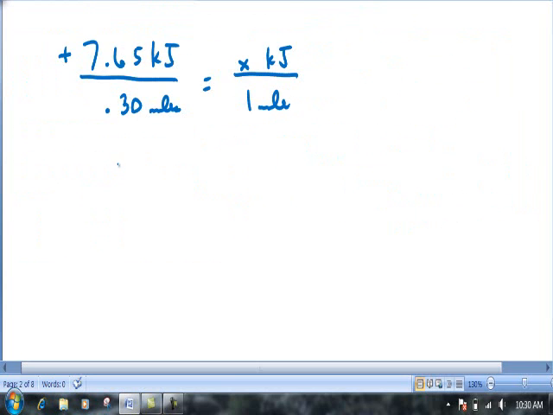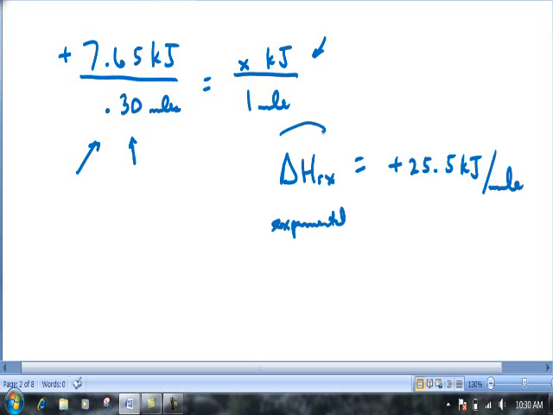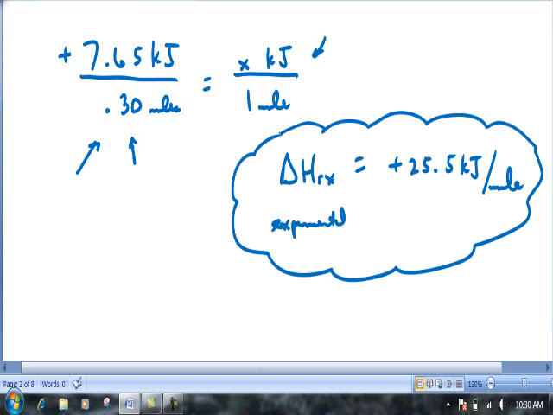We know that we have 7.65 kilojoules that were taken in by 0.30 moles of ammonium nitrate, so we can solve for how many kilojoules would have been taken in for 1 mole dissolving. Solving, we find that our experimental enthalpy of reaction comes out to a positive 25.5 kilojoules per mole.